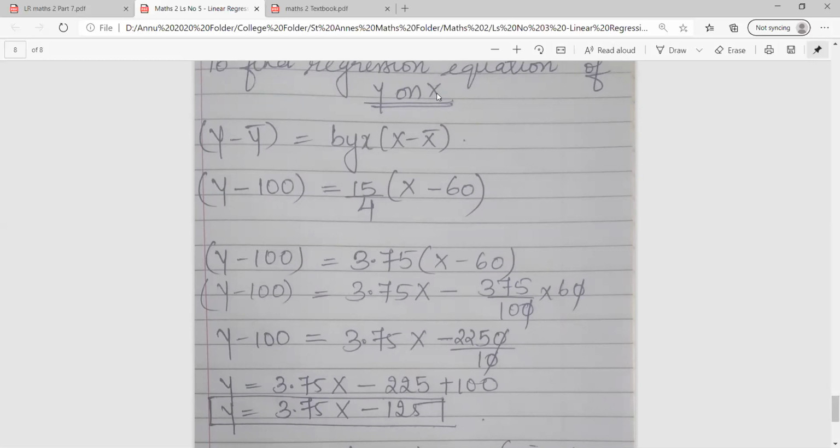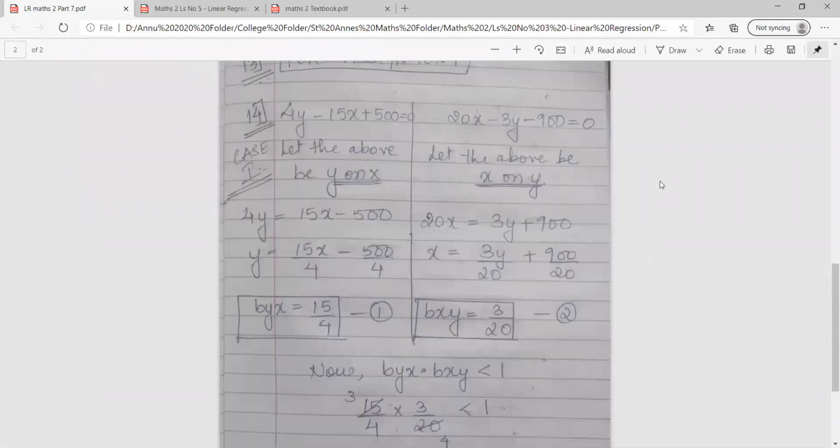So class, whenever regression equations are given, you cannot jump to the answer. You first have to find the regression coefficients, compulsory. So always remember that whenever you come across sums based on regression equations, please find out the regression coefficients first.